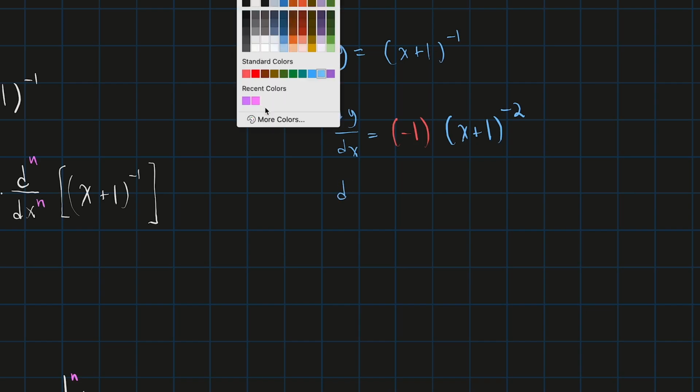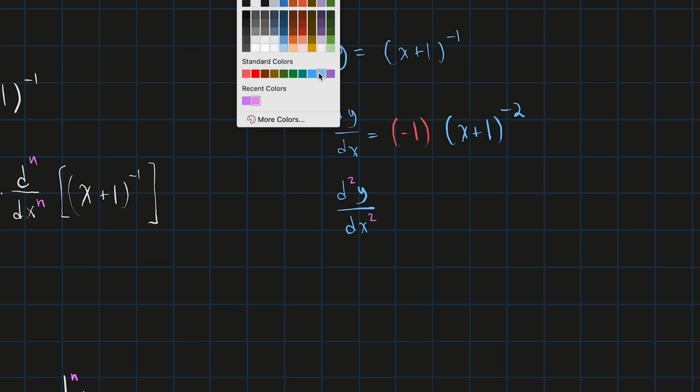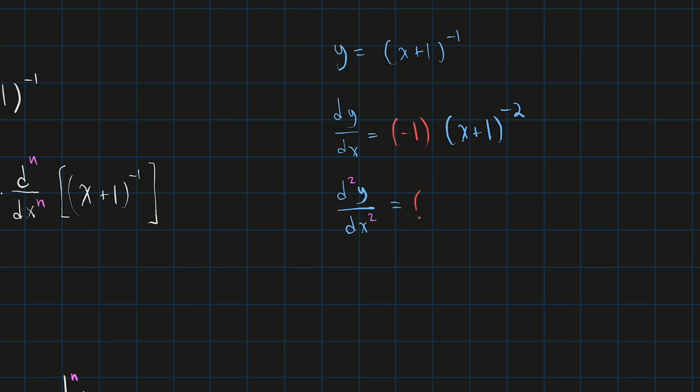Now, if I take the second derivative, I'm going to keep my negative 1 in the front here, and I'm going to multiply it by this exponent, so negative 2. And I'll decrement the exponent on my x plus 1, so this becomes (x+1)^(-3). And let's do it one more time for good measure. We can see the pattern forming here.